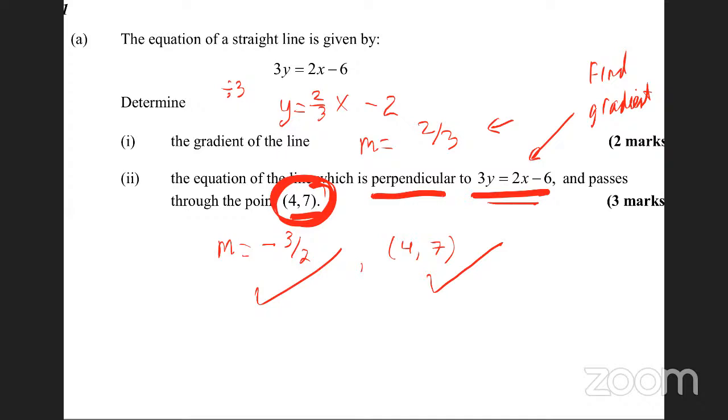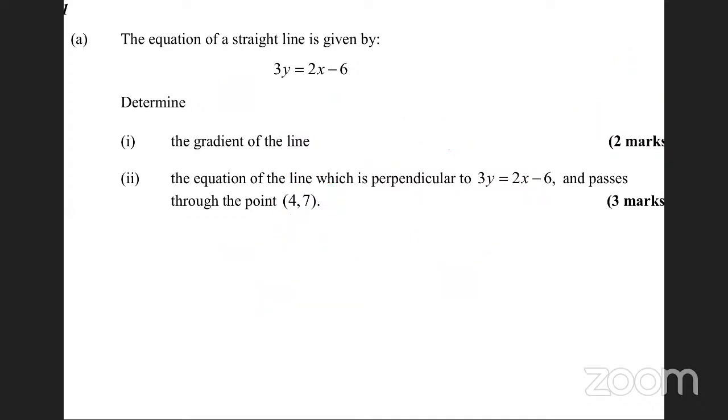You're okay with part 1. Right. Part 2 says now, let me see if I can draw part 2 for you. You have some random line, running like that. That line is 3y is 2x minus 6. Okay? So here's what they want. They want the equation of a line that's perpendicular to that, 90 degrees to that line, and it passes through 4, 7.